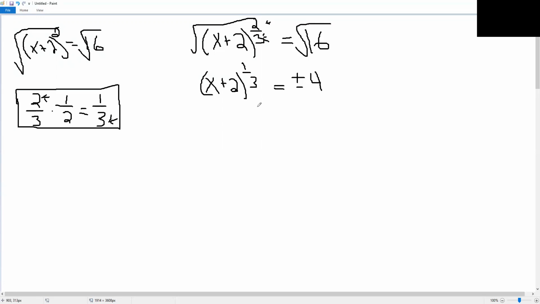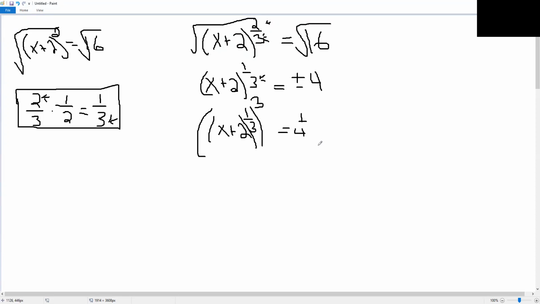Now, how do we solve this? This is the root. So we can always take a root off by raising it to a power. So we could say x plus 2 to the 1/3, and put all this over a power of 3.